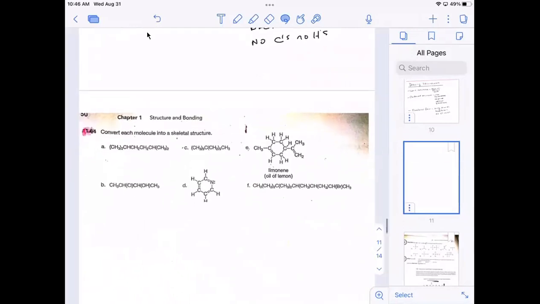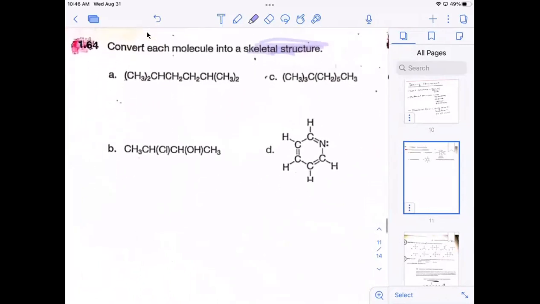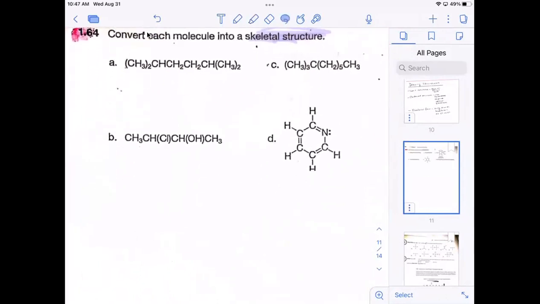The example is asking us to convert into a skeletal structure, but for the ones where it is possible, we're going to do the Lewis and the skeletal. So let's take, say, A. A is actually condensed already.